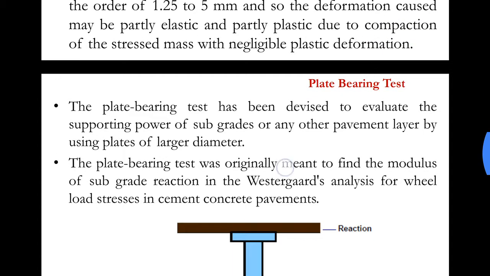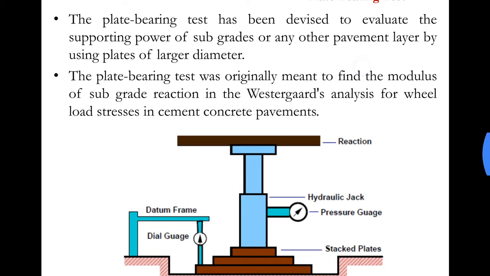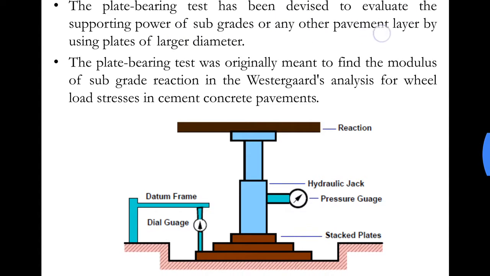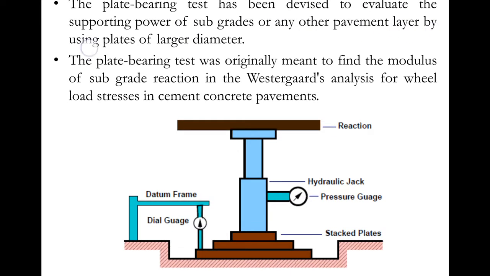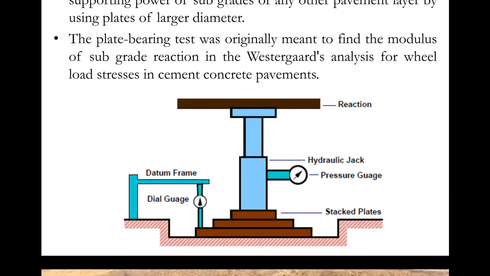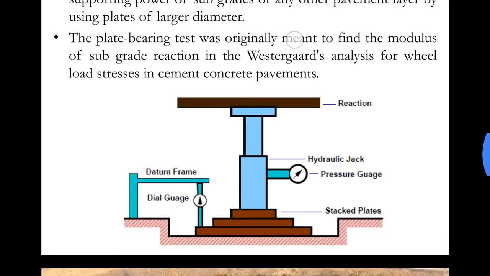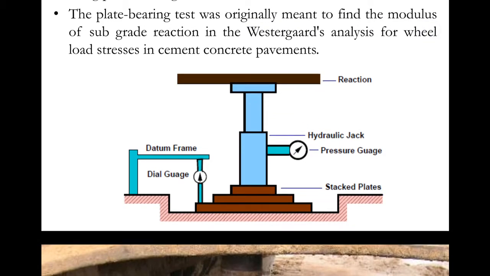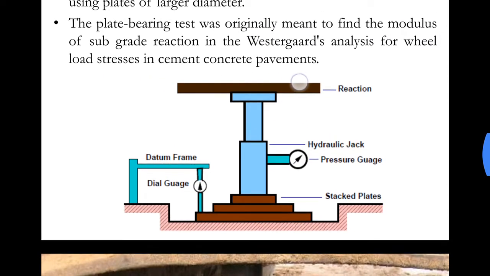The plate bearing test has been devised to evaluate the supporting power of subgrades or any other pavement layer by using the plates of larger diameter. The plate bearing test was originally meant to find the modulus of subgrade reaction in the Westergaard's analysis for wheel load stresses in cement concrete pavements.